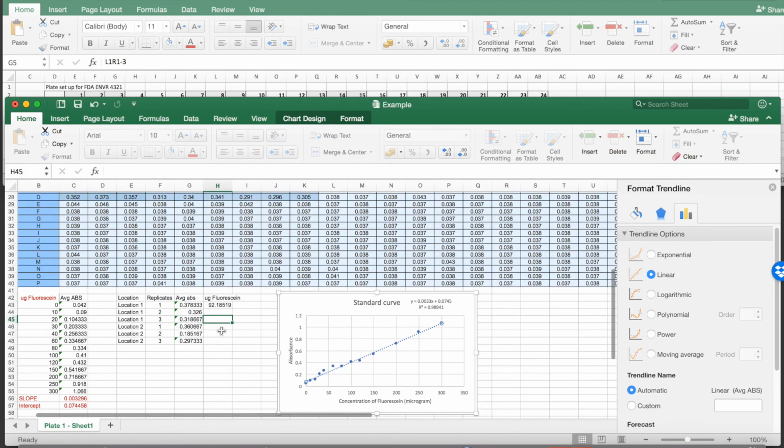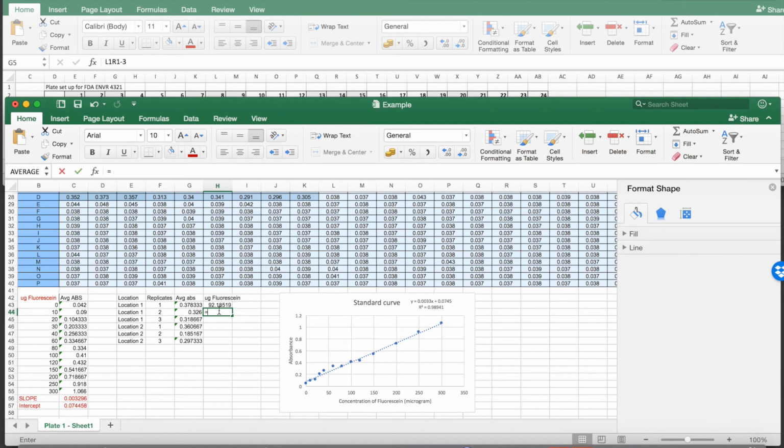Let's calculate for the next one. Again, equal sign, let's plug into this equation, open parenthesis, we have the absorbance, we subtract the intercept, we close parenthesis, we divide by this slope. Okay, 76. Let's do it again. Equal sign, open parenthesis, select the absorbance, subtract the intercept, close parenthesis, divide by this slope.